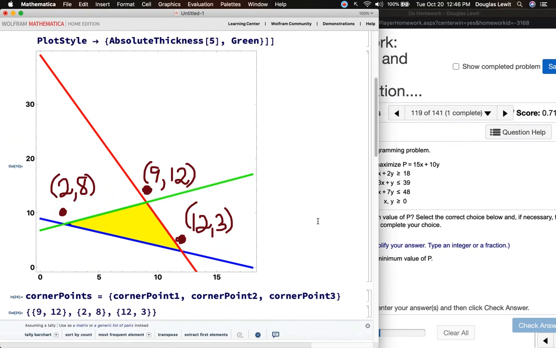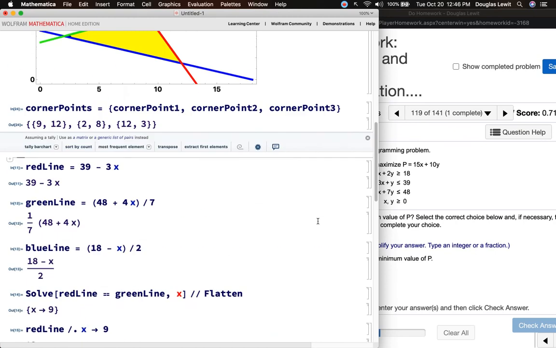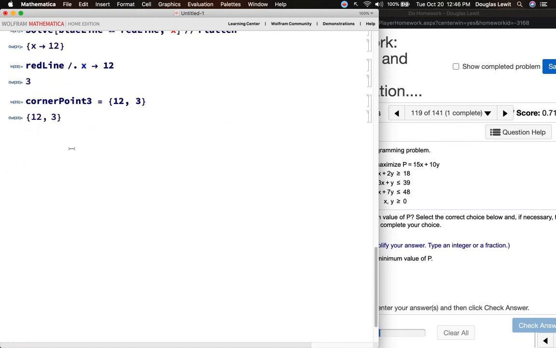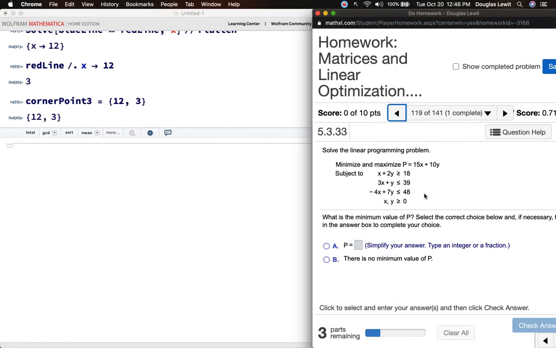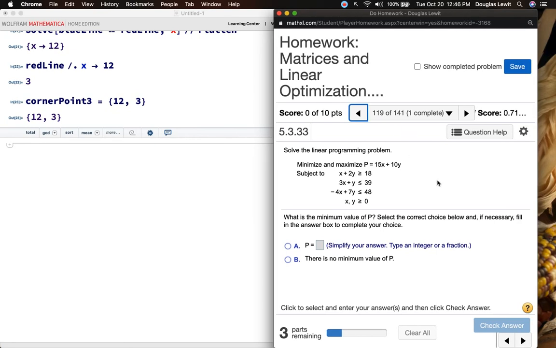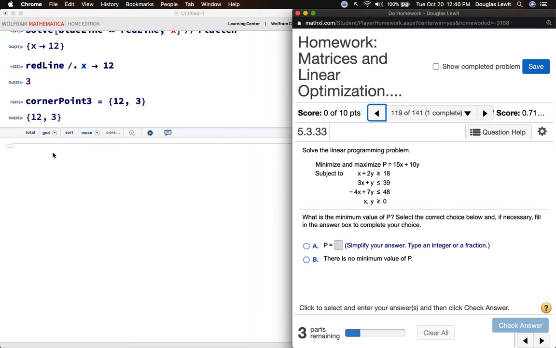Now what we have to do, let me just erase this. What we have to do now is figure out what is the minimum value of the objective function p. Select the correct choice below, and if necessary, fill in the answer box to complete your choice. Okay.